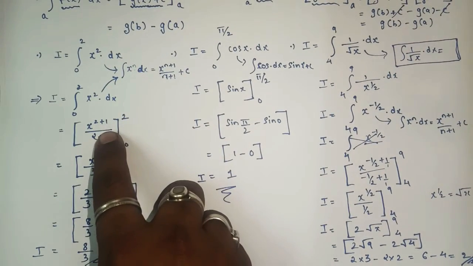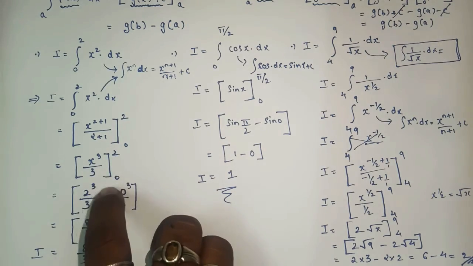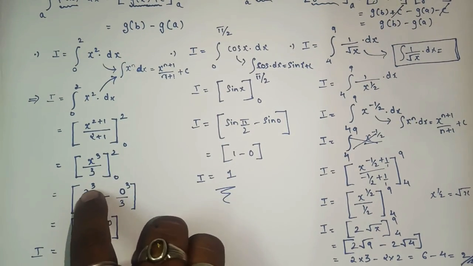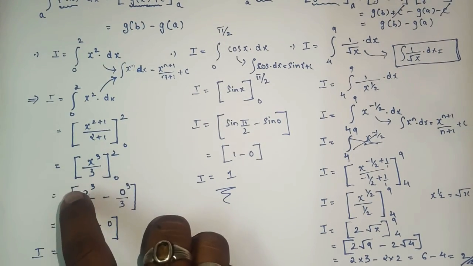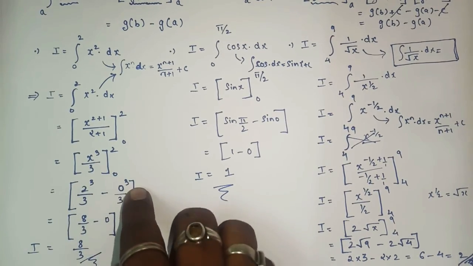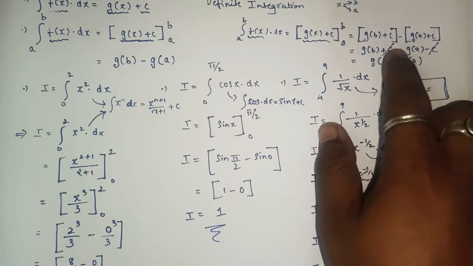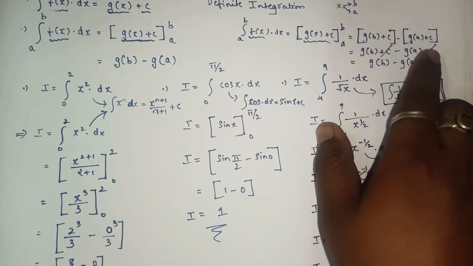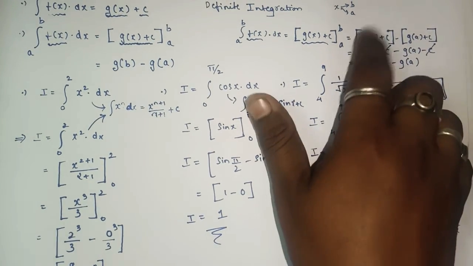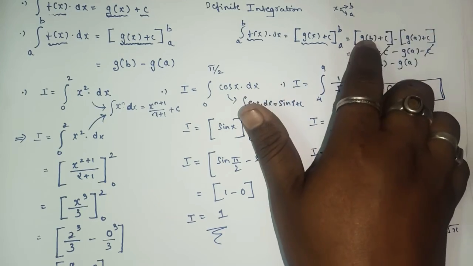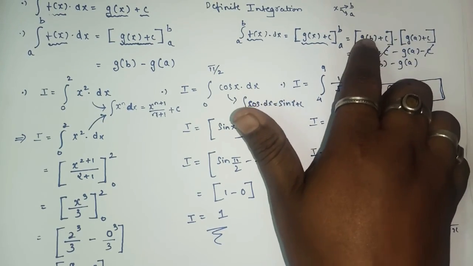Apply the formula, and in definite integral, replace the value of x first by the upper limit, then the lower limit. Here no need of writing c. If you write c also, I had explained how it will get eliminated, yes or no. So there is no need of writing or considering c in definite integration.